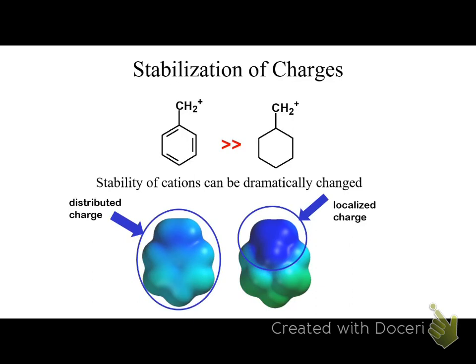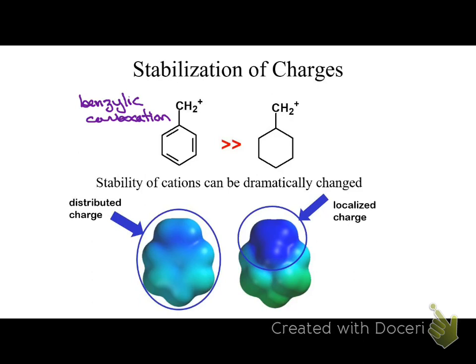This is actually an important one, so I'll mention this one. This is a benzylic carbocation. A benzylic carbocation is a carbocation attached to a carbon next to the benzene ring.